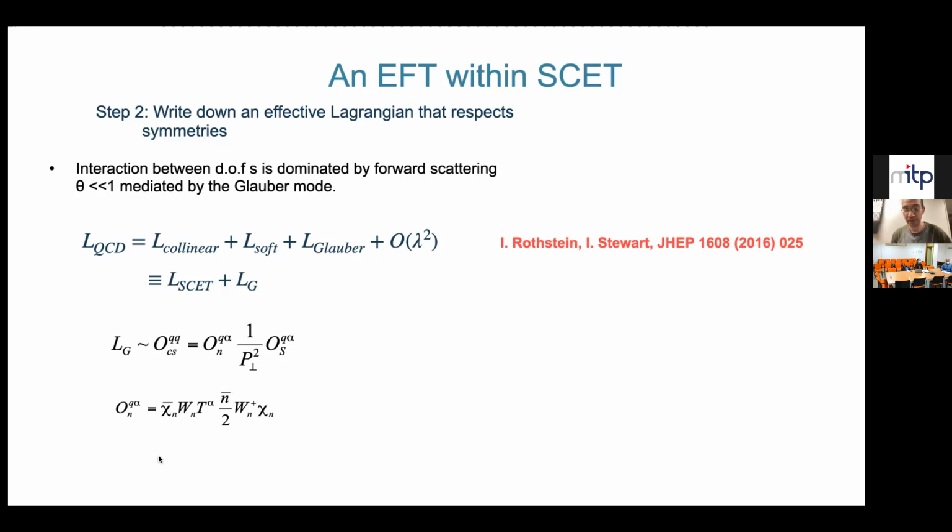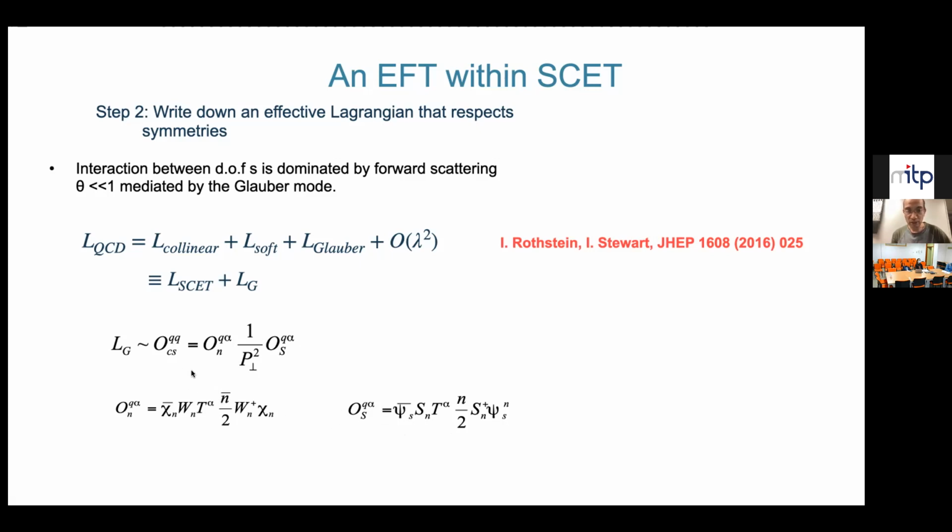These are Wilson lines here, so that the operator itself is gauge invariant. Similarly, I have a current for the soft degrees of freedom, which make up my QGP. Those will again be a quark bilinear, because in this case I'm considering a quark current. Again, this will be a gauge invariant current because of the presence of these Wilson lines. So that's the kind of structure we're looking at.